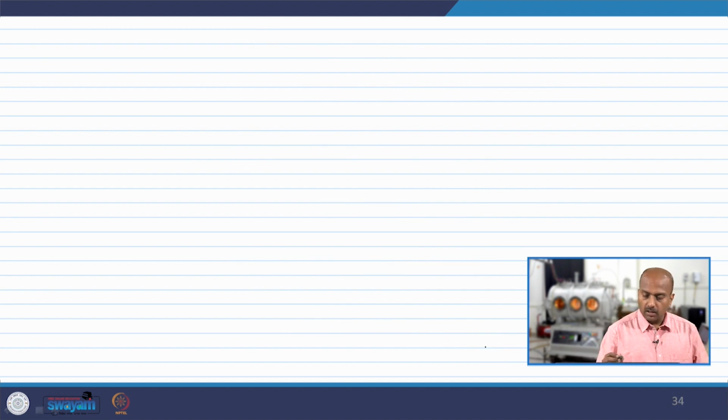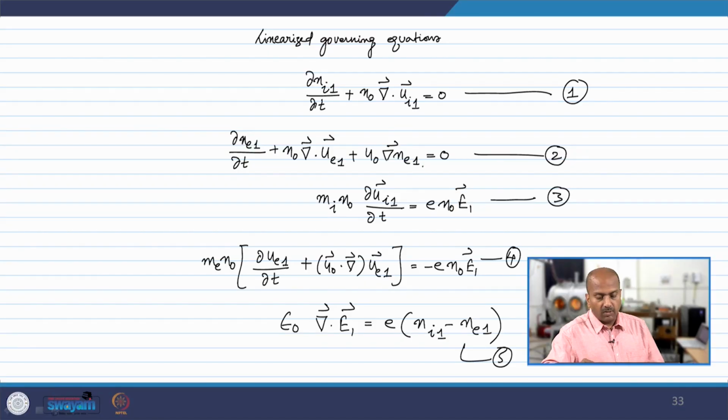We know that the velocity u_0 is basically u_0 î. You will assume a sinusoidal solution for all the perturbed variables, like u_I1, n_E1. Every variable that appears with a subscript 1 is a perturbed variable. So, you take a sinusoidal solution, let us say n_0 e^{i(kx − ωt)}.